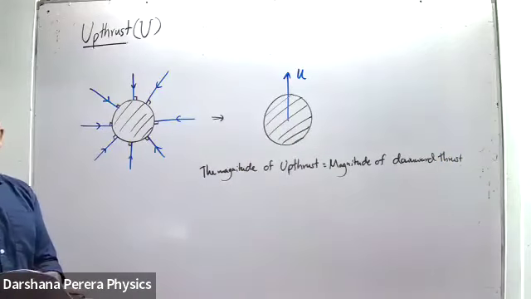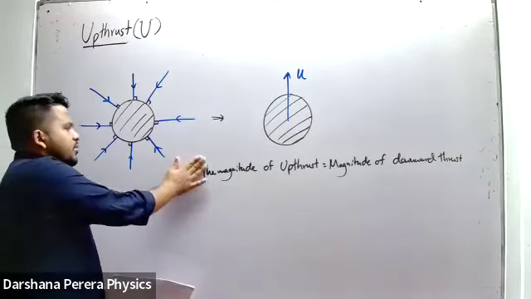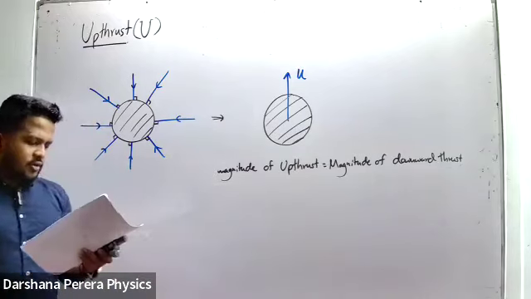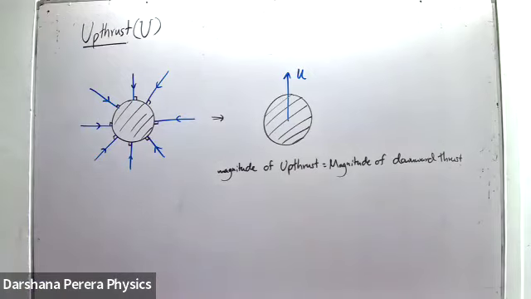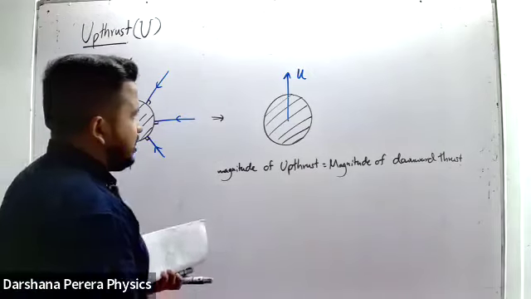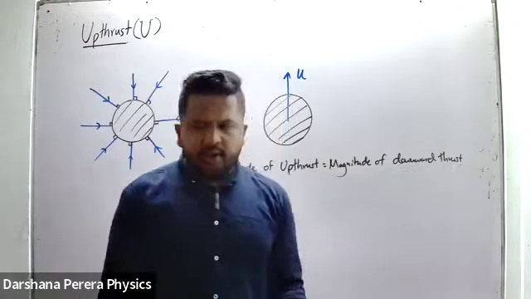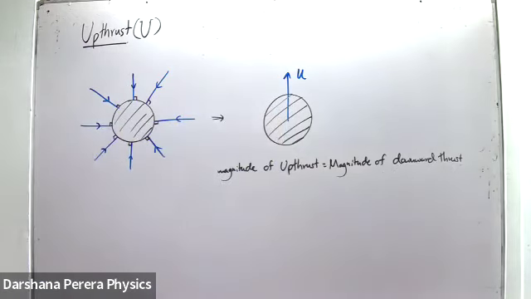Okay. The magnitude of the upward thrust equals the magnitude of the downward thrust. Direction is changed. Okay, write down. It's called the upthrust. Okay.